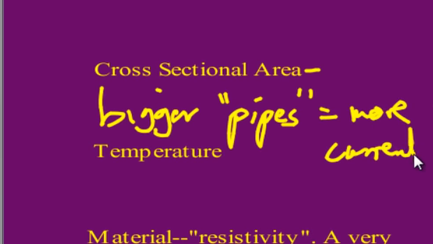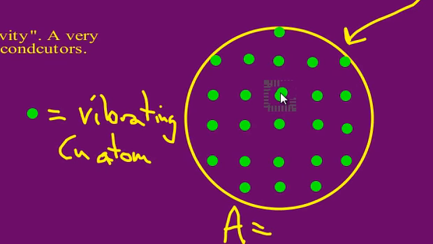All right, the third variable, temperature. Remember, temperature is a measure of the average kinetic energy of a material's molecules. So as this wire heats up, you're going to see atoms vibrate more energetically, and if they vibrate more energetically, they're going to take up more of that space.